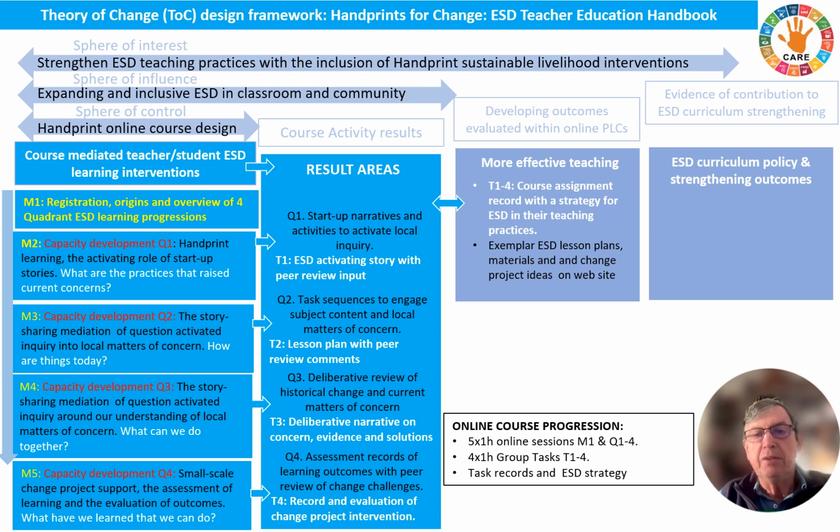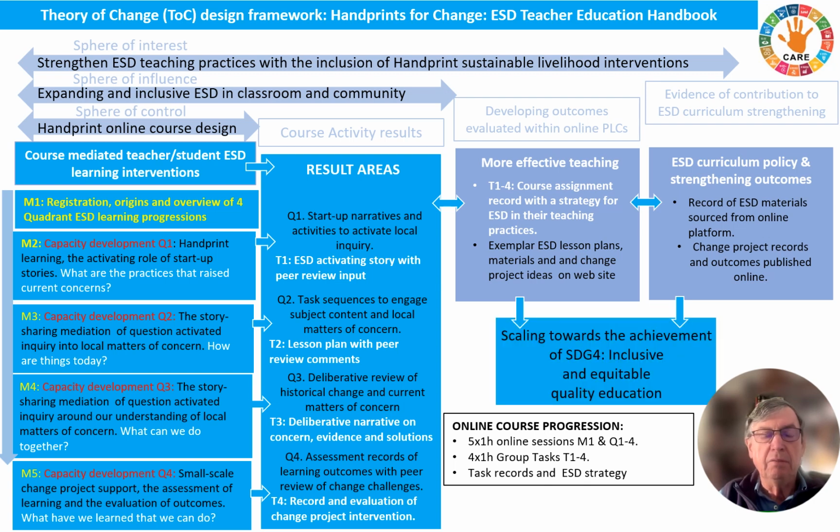We can take this further in terms of evidence of its contribution to curriculum strengthening and to the SDGs. We'd have a record of the materials in the online framework, and we'd have the change project accounts. So we'd have plenty of materials that we could evaluate in terms of the scaling towards the achievement of SDG 4, which is inclusive and equitable quality education.